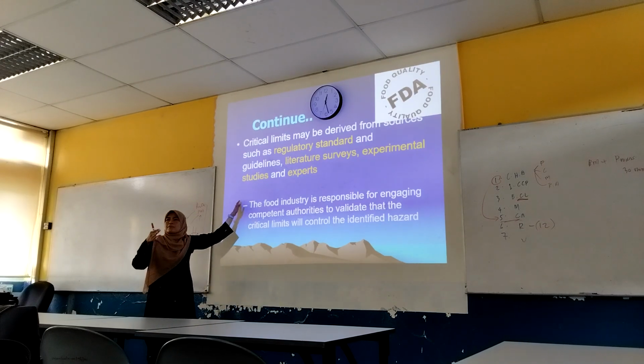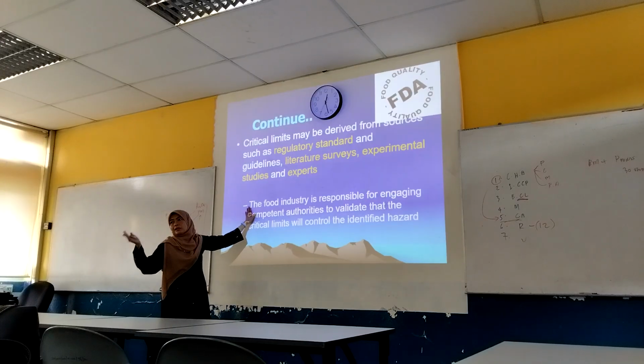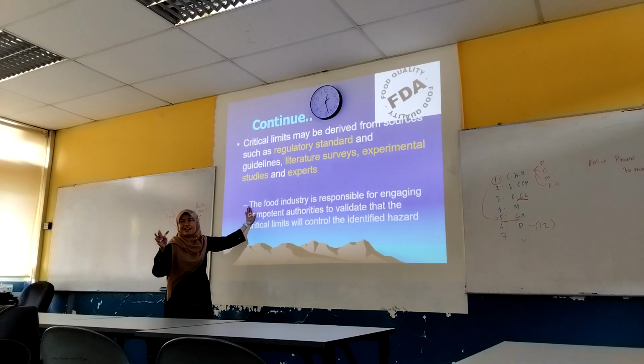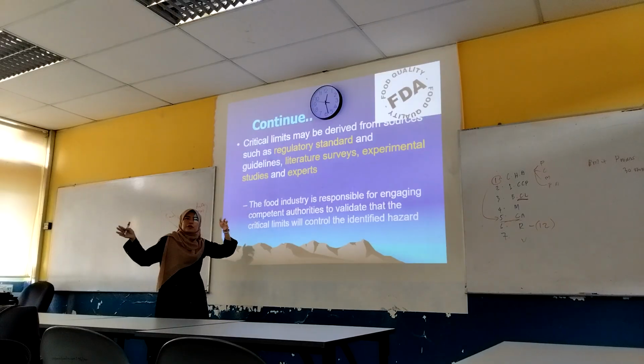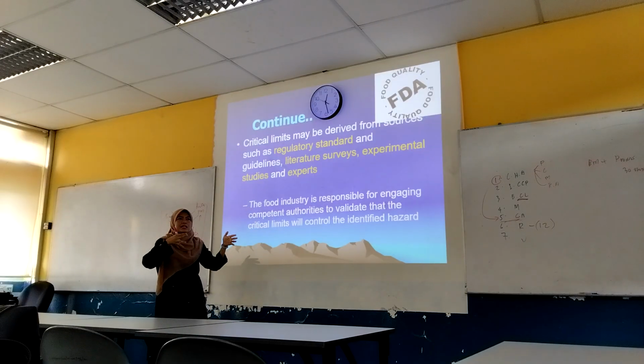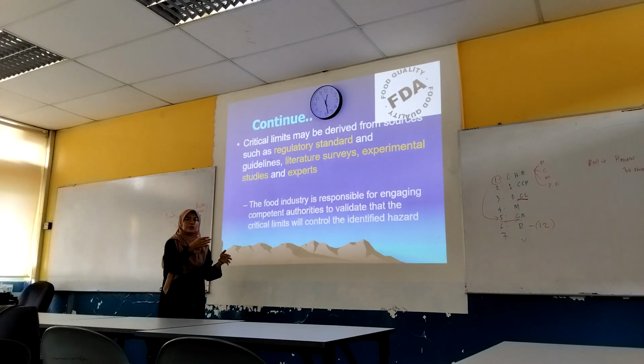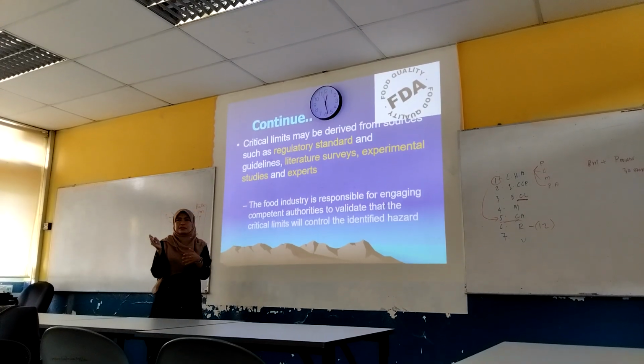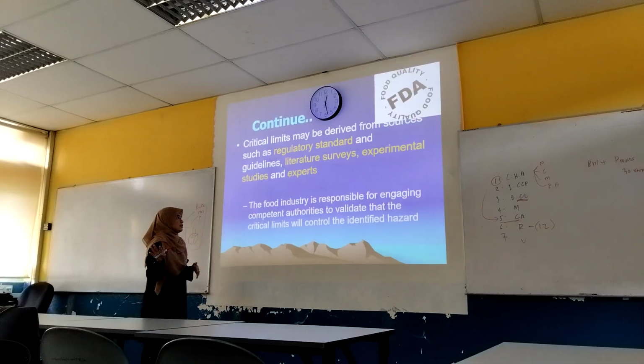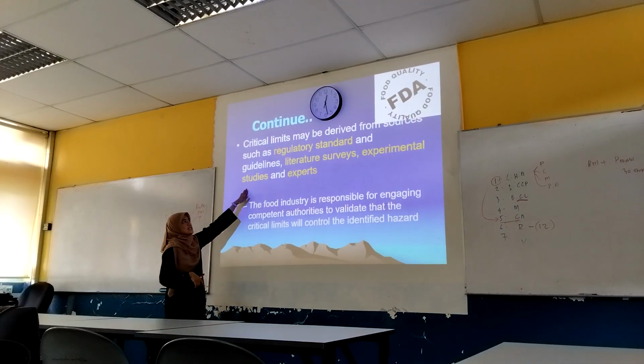That's why we have mesophile, thermophile, psychrotrophic bacteria, and so on. Those resist the high temperature, those resist the cold temperature. Or you have mesophiles, which like to live between 5 to 60 degrees C. So that's why you want to avoid that temperature danger zone. It's all based on the experimental studies and expert.